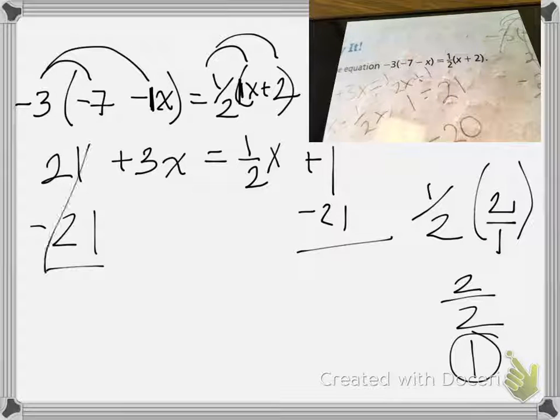Positive 1 minus 21. So if I start with 1 and I'm taking away 21, well, I can't, right? I'm going to go to the negative side. So it's going to be negative 20, right? If you have 1 and then you take away 21, you end up on the negative side. And that's how you come up with negative 20.